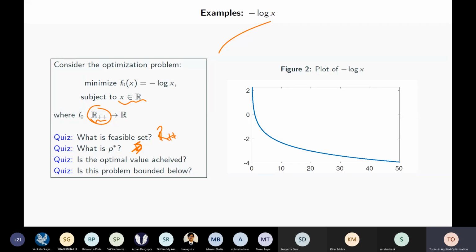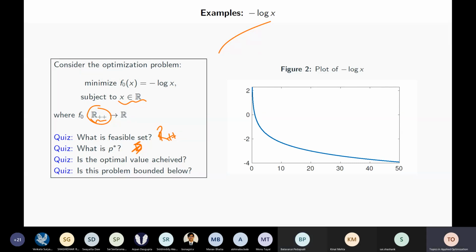Is it always decreasing? Is it going to minus infinity, or will it settle at some point? So maybe it is log of minus x.